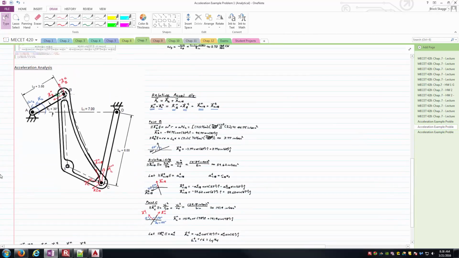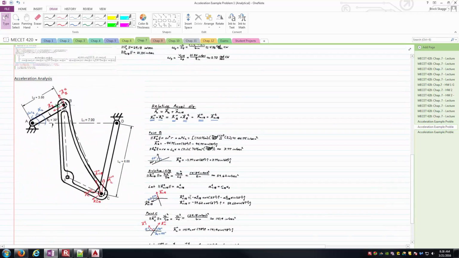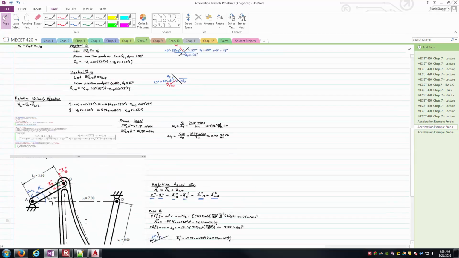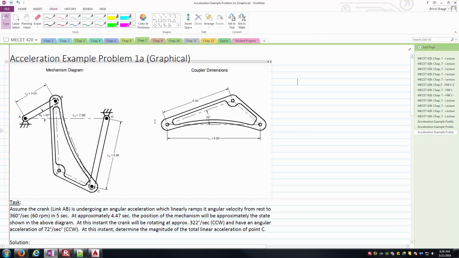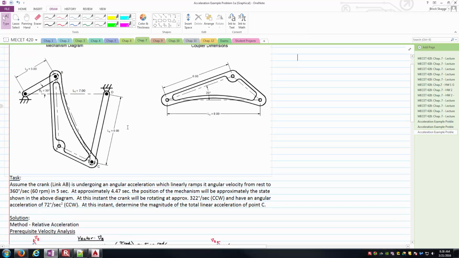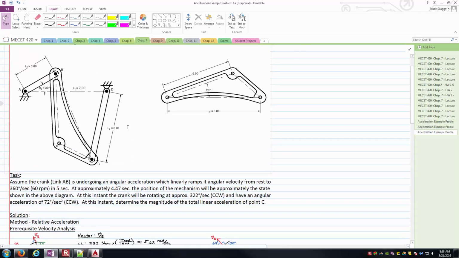We're basically going to work through the same problem in this video, except instead of working through it all purely analytically, we're going to use some graphical techniques. I've created a new OneNote sheet, as you can see here. The first part's exactly the same. The crank goes through a linear ramp from rest to a speed of 60 RPM in 5 seconds. We're zeroing in on a specific point in time, 4.47 seconds after this thing starts ramping up.